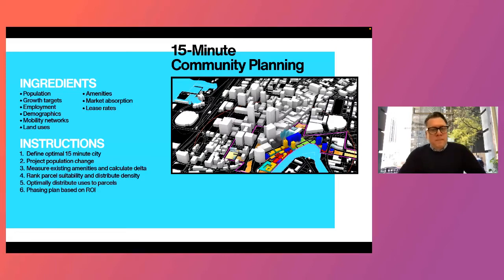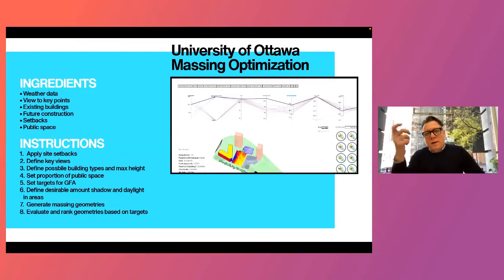Okay. So getting into more building scale, and in this case, massing, this was for a new building on the campus of University of Ottawa. And this is another evolutionary solver that will optimize building footprint. And again, it works really well at finding coalescence among conflicting variables.